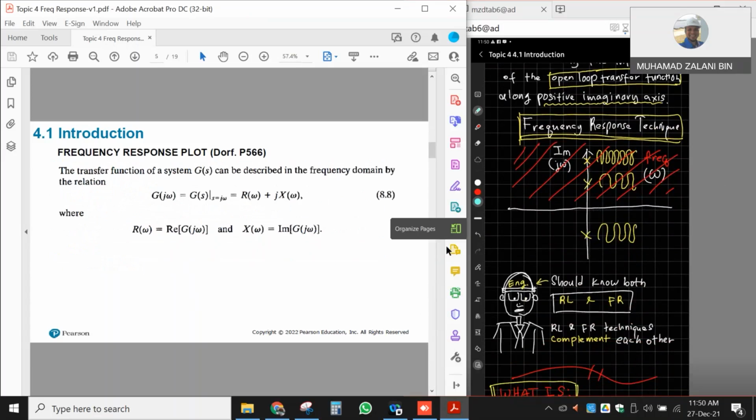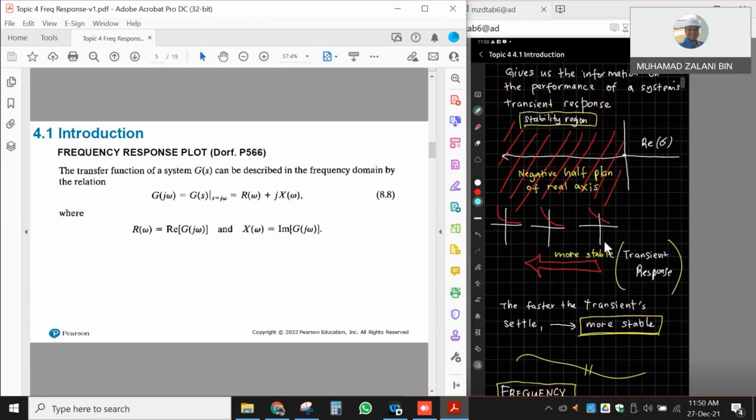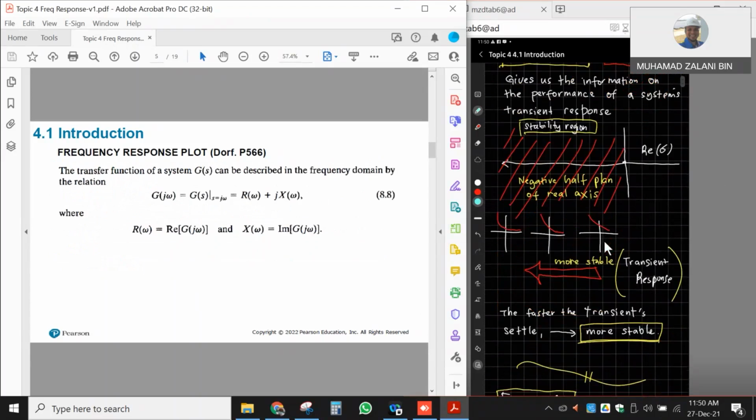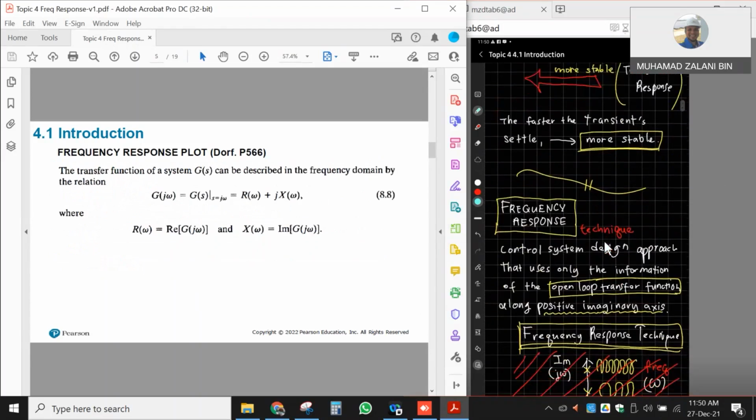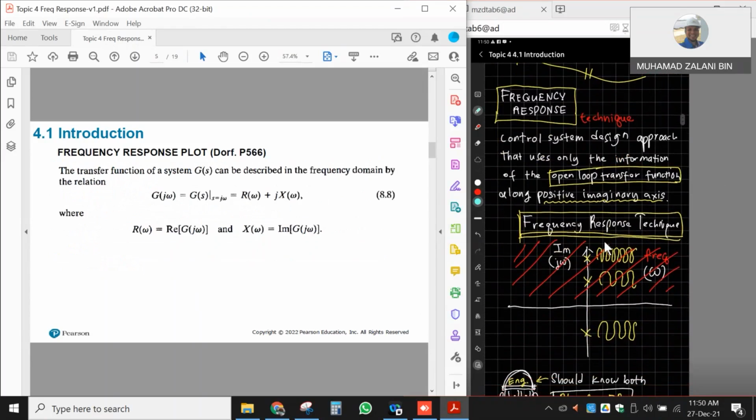So let's move on to my lecture notes here. I have covered the first part, and then the other part. The frequency response technique, as written here, is a control system design approach that uses only the information of the open loop transfer function along the positive imaginary axis. The same thing is given in the lecture slide.